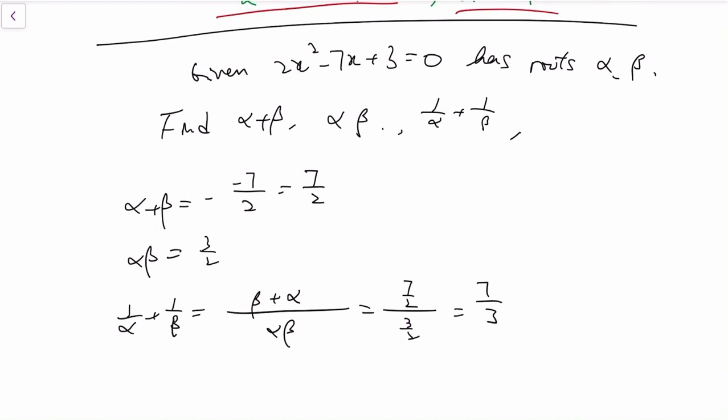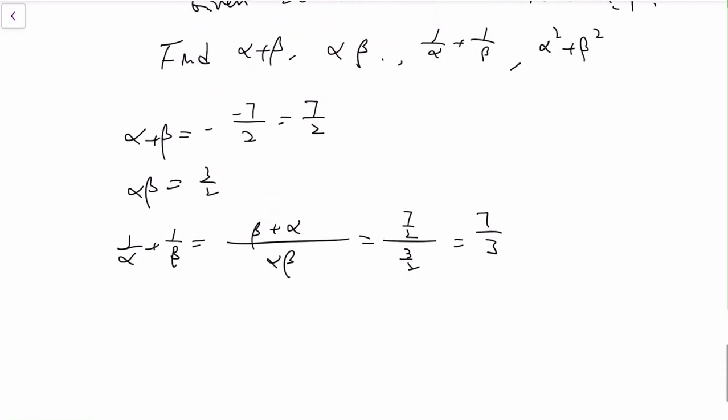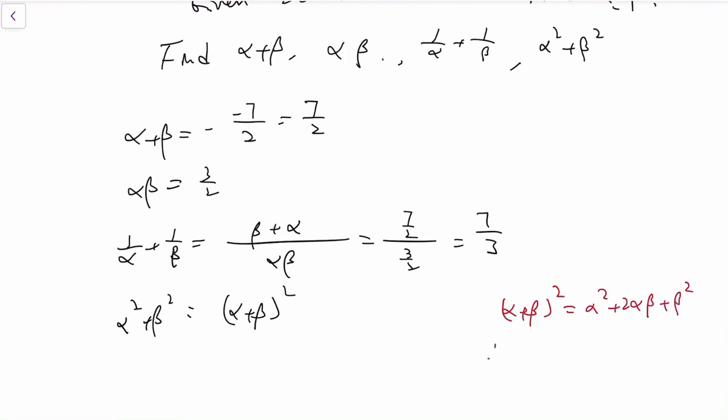Let me show you one more. Maybe you can look for alpha squared plus beta squared. Then usually we'll use the fact that alpha squared plus beta squared is actually alpha plus beta squared. Okay, you probably know that's not true. Well, actually alpha plus beta squared is alpha squared plus 2 alpha beta plus beta squared.